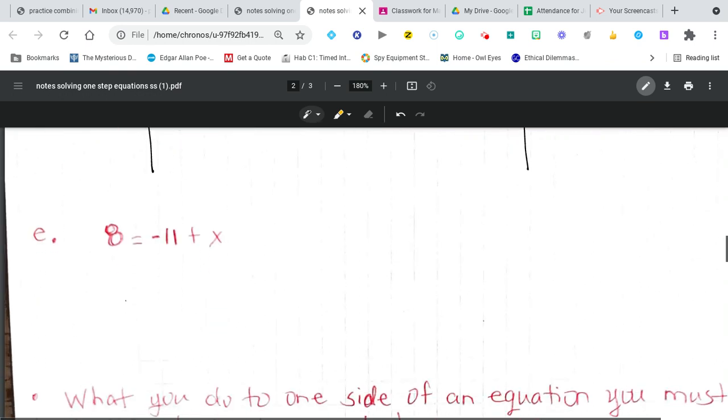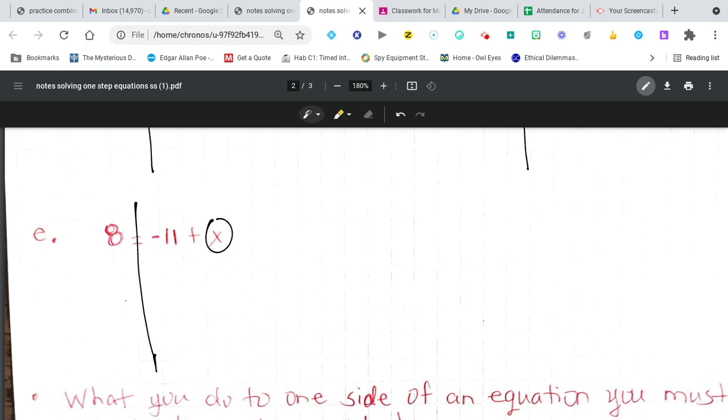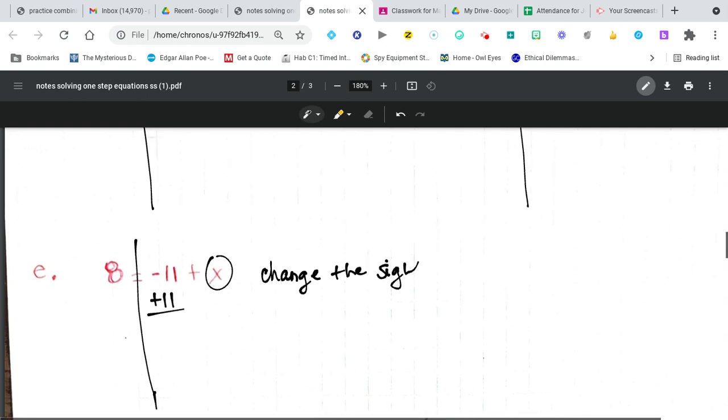If you look at E, here's your variable, okay? -11 is not attached to it in any way, and there's no division bar, so all you need to do is change the sign. That's it. So -11 will go to +11. So if it's not attached, notice that all we did was change the sign.